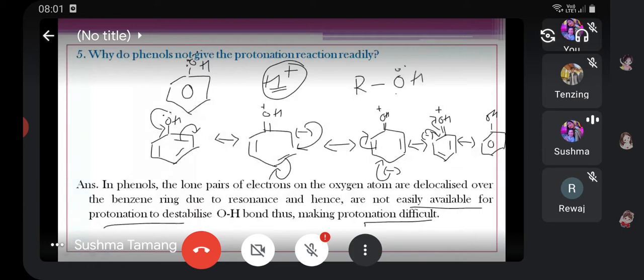Because यो जुन चाहिँ lone pair छ, it will reside only on the oxygen atom, यो यताउता delocalized हुँदैन. So because of this alcohol easily protonated हुन्छ and you will get protonated alcohol. Right? Phenol किन हुँदैन? Because of delocalization of lone pair, okay, due to resonance, through resonance.